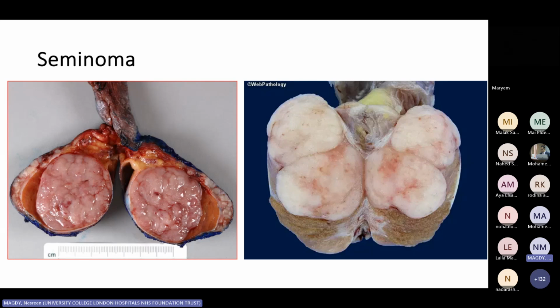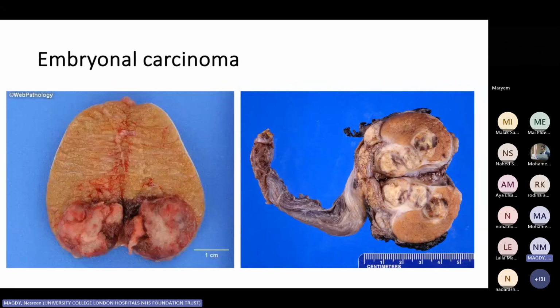They usually tend to replace the entire testis, and they show a soft or fleshy appearance. For the embryonal carcinoma, they tend to be more aggressive in appearance. They are irregular, poorly circumscribed, with a variegated cut surface. They may show areas of hemorrhage and necrosis.